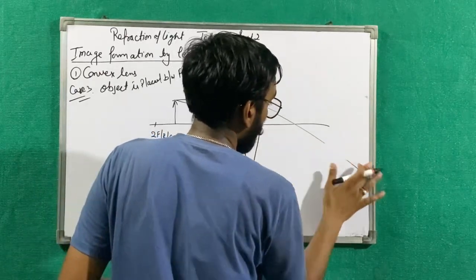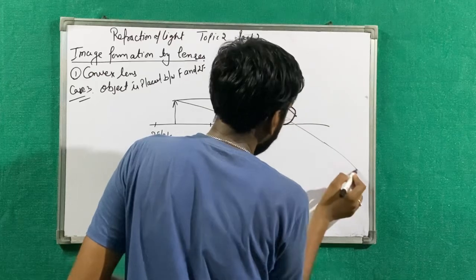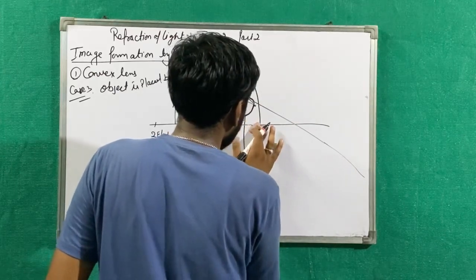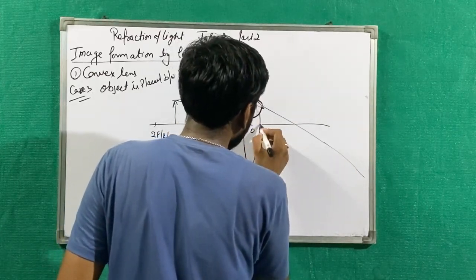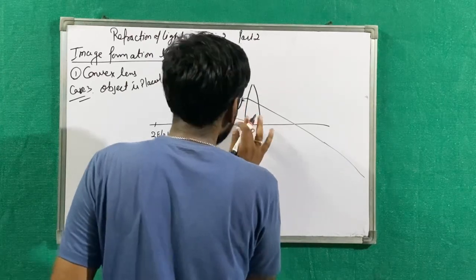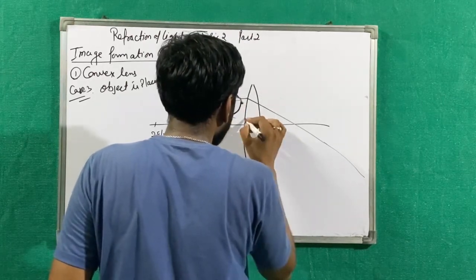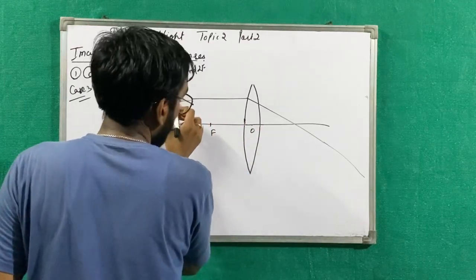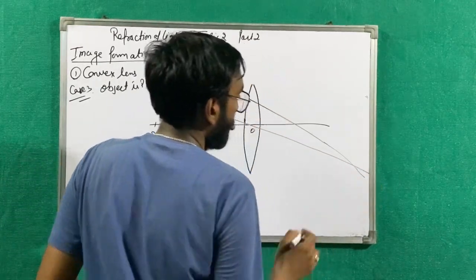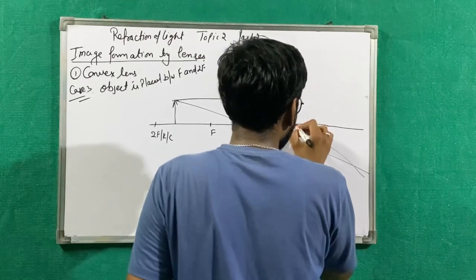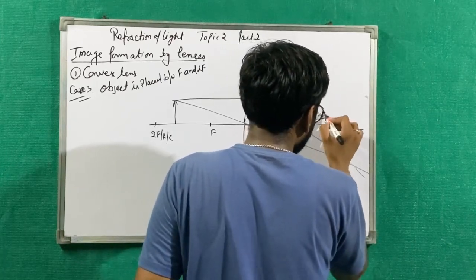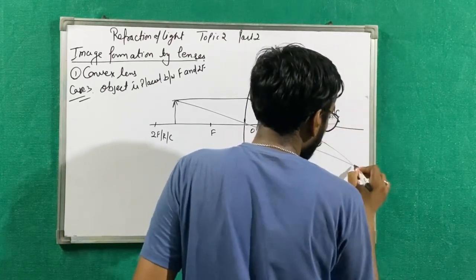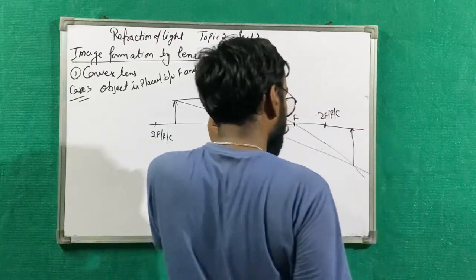This ray is wrong. I'm going to make it again. So this is going to be this. So here it is f, here it is 2f or c, here it is the image.